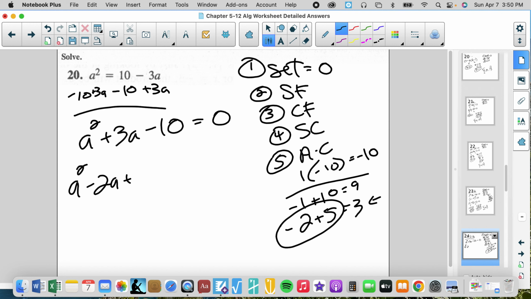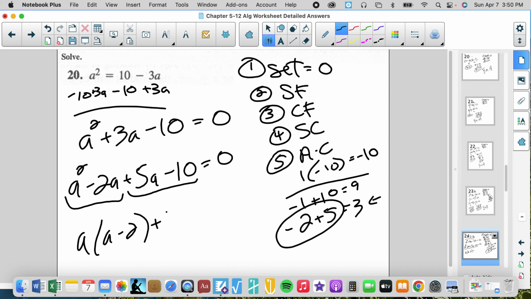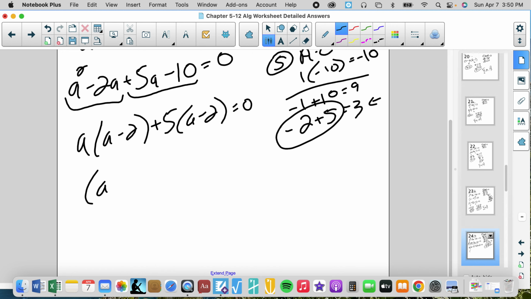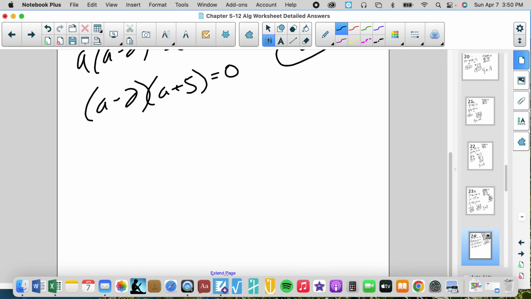Negative 2, positive 5. Let's factor by grouping. a times a minus 2 plus 5 times a minus 2 equals 0. A minus 2, a plus 5 equals 0. We have two boxes that equal 0, the product of two things.